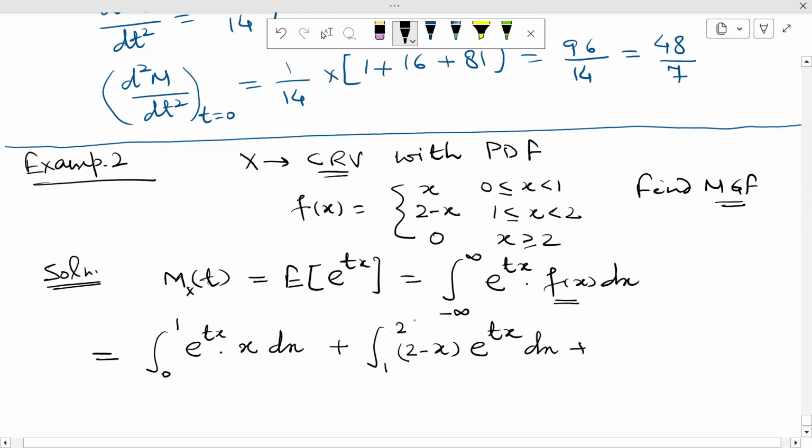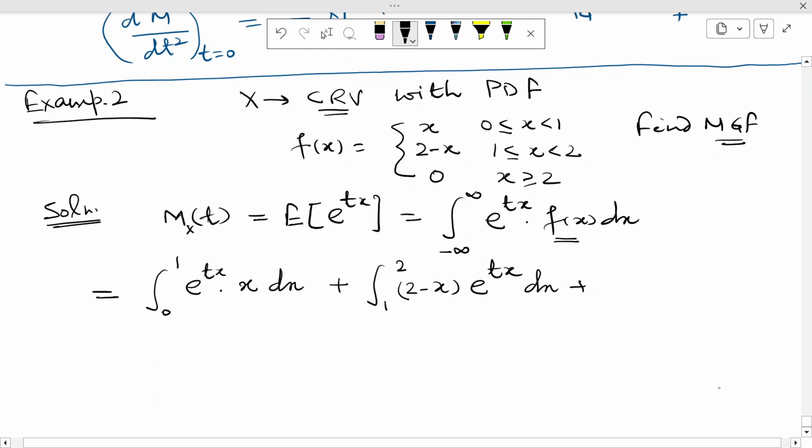For the values greater than or equal to 2, the function is 0, so there is no use in performing that integral. So we have to deal with only these two integrals in order to obtain our moment generating function.